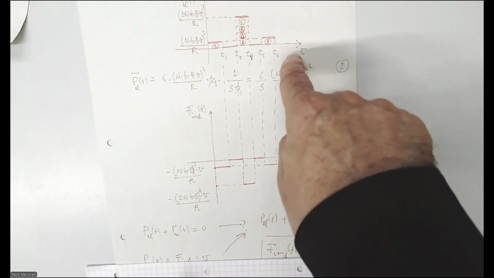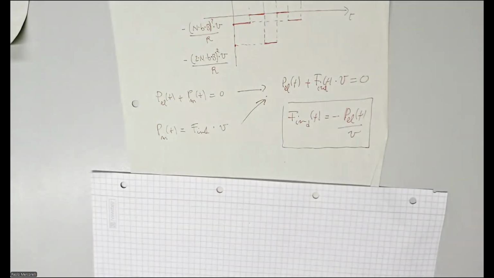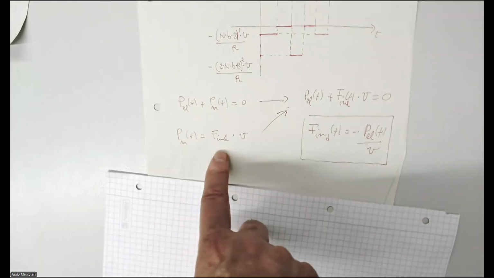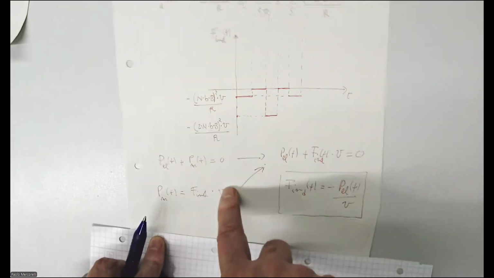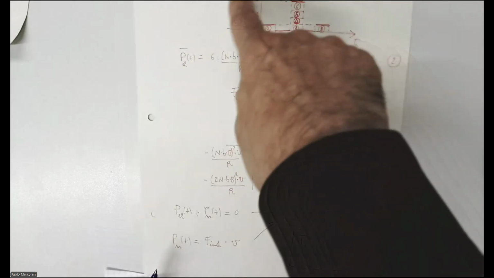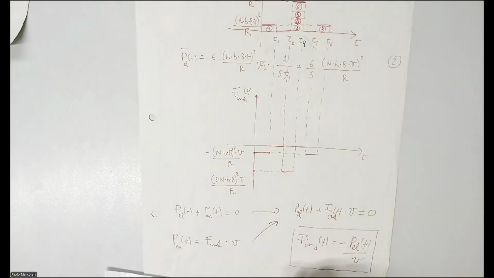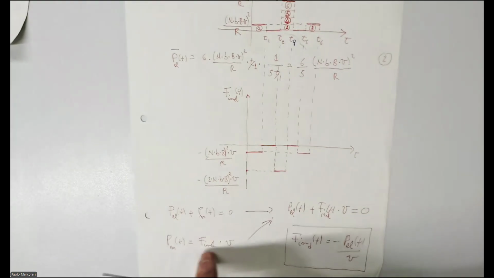You don't need to draw, but this is enough to remember this. Or if you want, multiply this by V, but it's equivalent to this with minus. No, in this case, without minus.